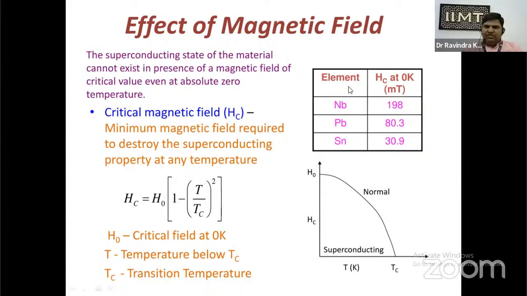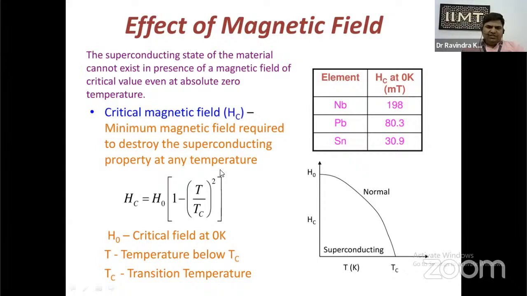You can see niobium can lose its property at 198 Kelvin, lead at 80.3 Kelvin, and tin at 30.9 Kelvin.